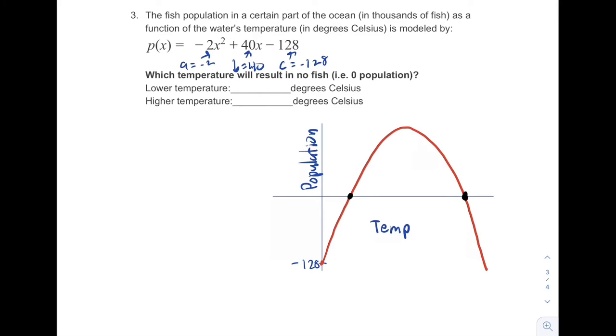So your population will be 0 at those 2 points. Remember, to find the zeros our equation must be equal to 0. So -2x squared plus 40x minus 128, and your population is 0. It's asking when your population is 0, so make your equation equal to 0. And then we can solve that.